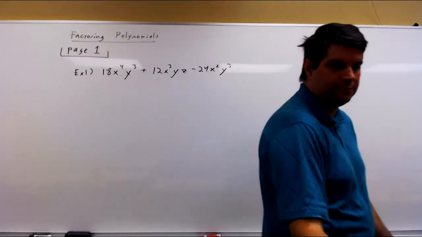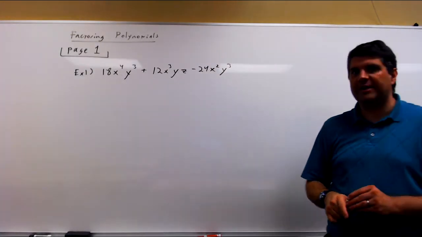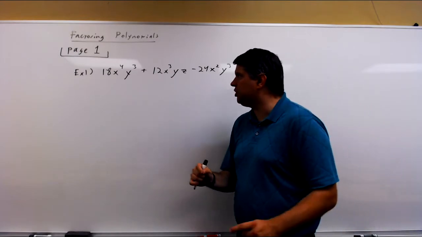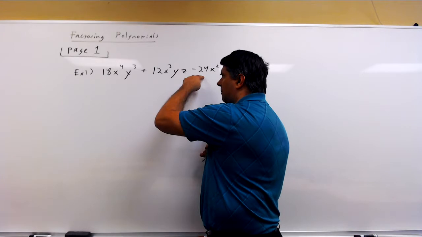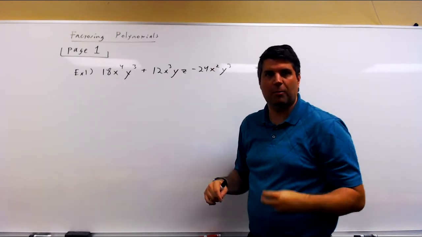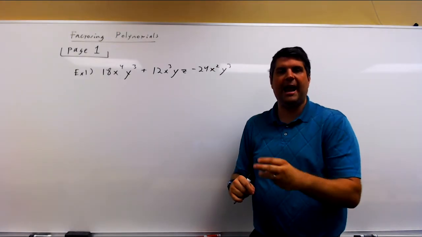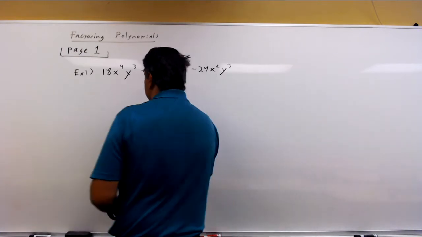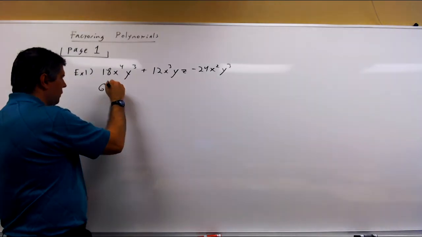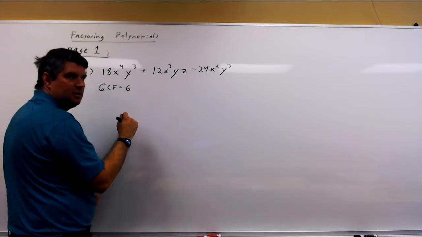Okay? Now, to find the greatest common factor, you find the highest number that divides all three terms. These three terms are divisible by 2, by 3, and by 6. Okay? So the GCF is 6.